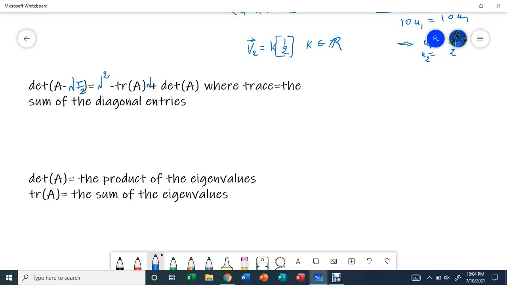In the last example, after we simplified everything, we found lambda squared minus 4 lambda minus 5, and the matrix was 1, 2, 4, 3.